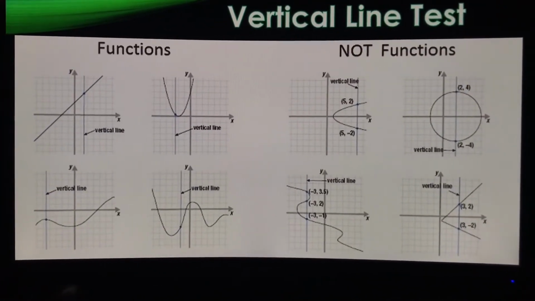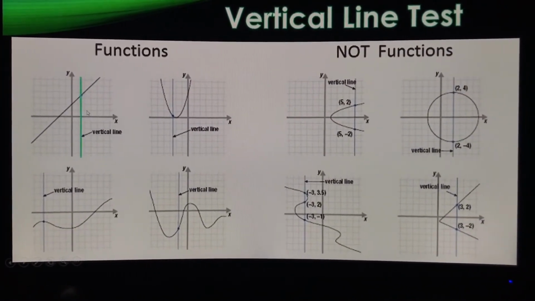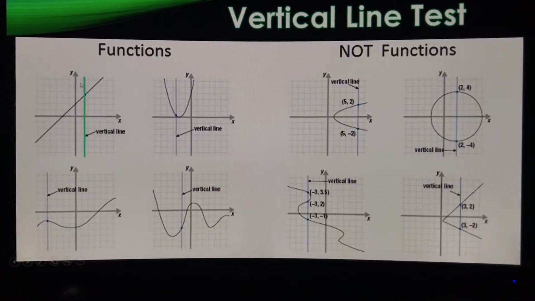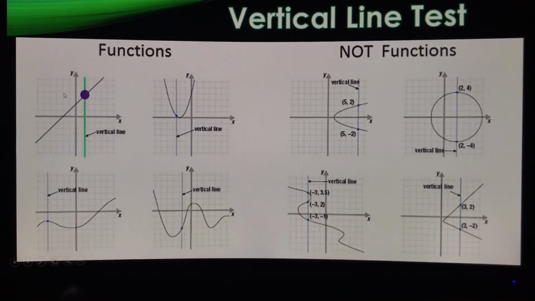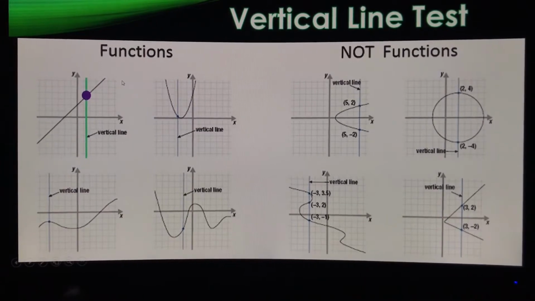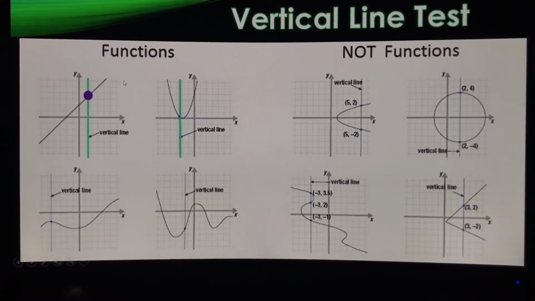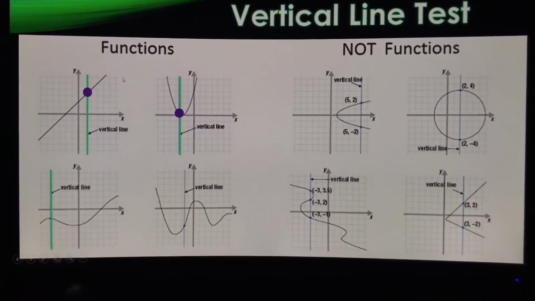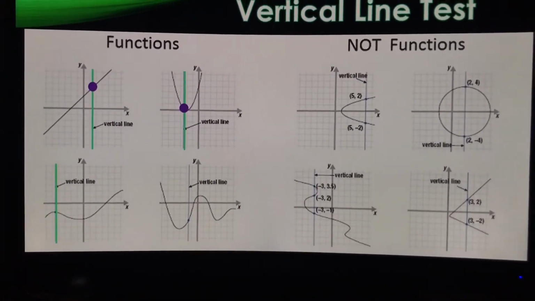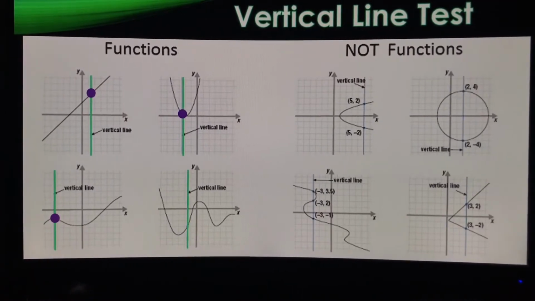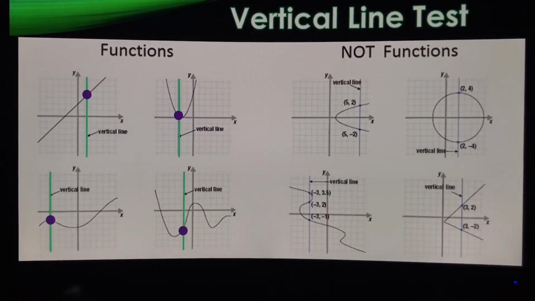If I drew a straight line up and down, I'm going to notice that the graph of my function only touches in one place. When you see that happen and the graph is only touching in one spot, those are in fact functions.